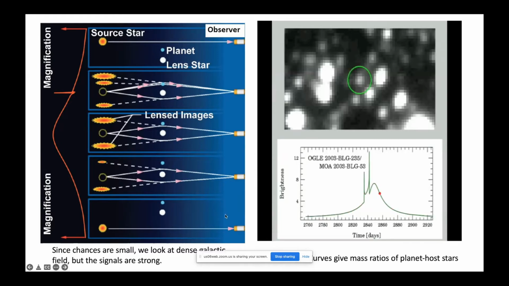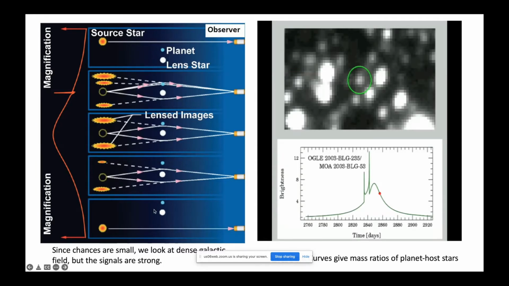So what are the chances that two stars would really align and microlensing would happen? The chances for that are really small. Because of that, we tend to choose fields close to the galactic bulge, because there the star field is really dense.